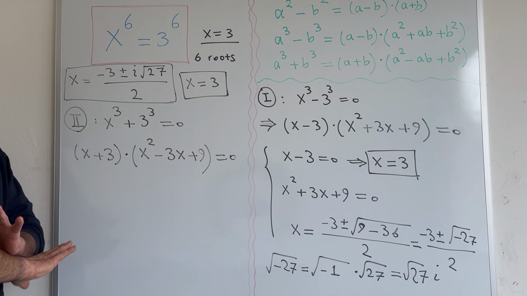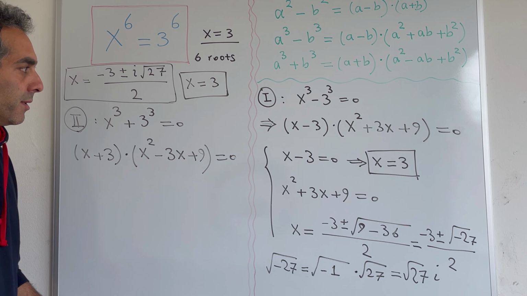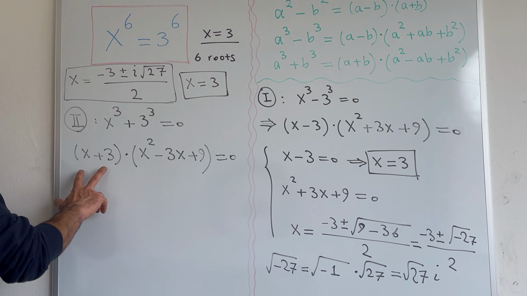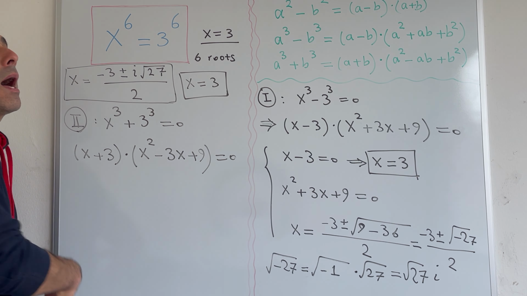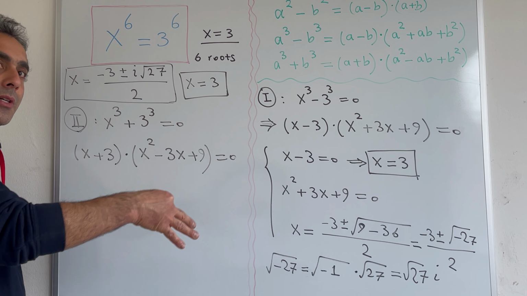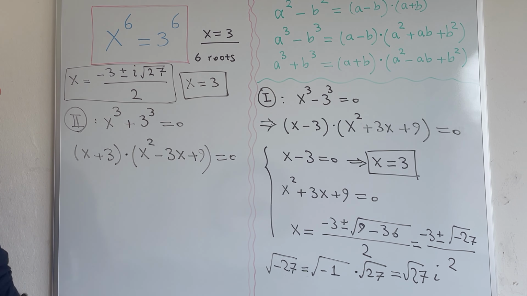Okay, again, everything can be repeated like this. The first one should be 0, the second one should be 0, and I can find the other 3 roots here.